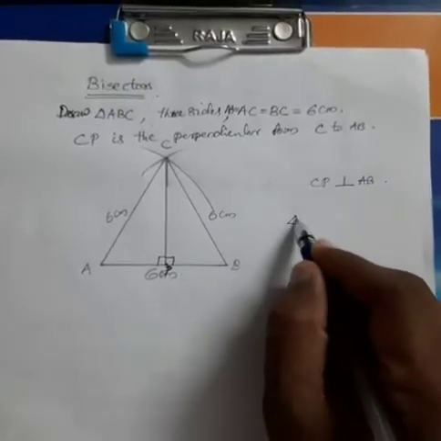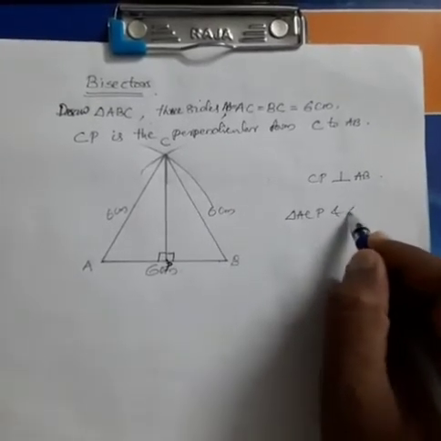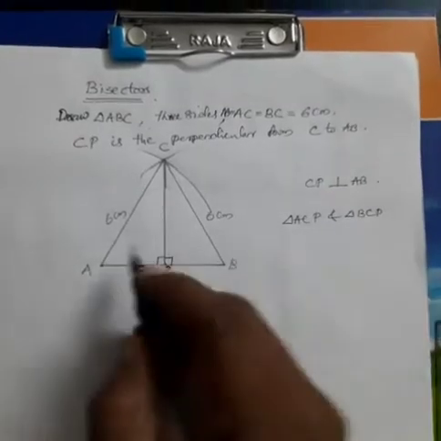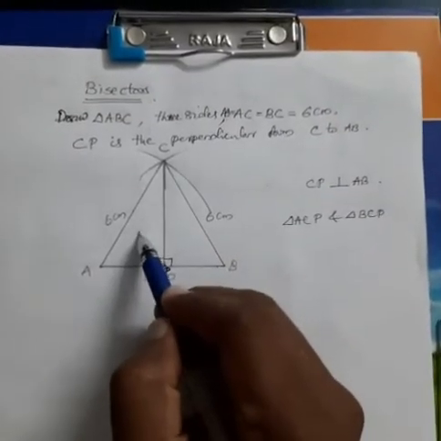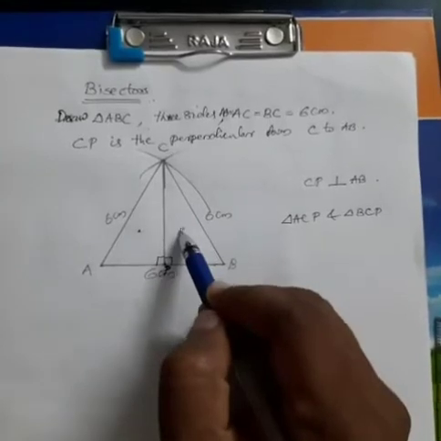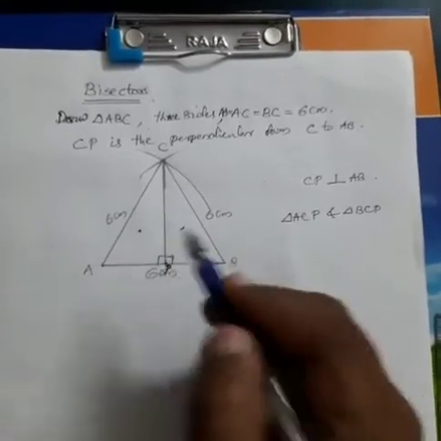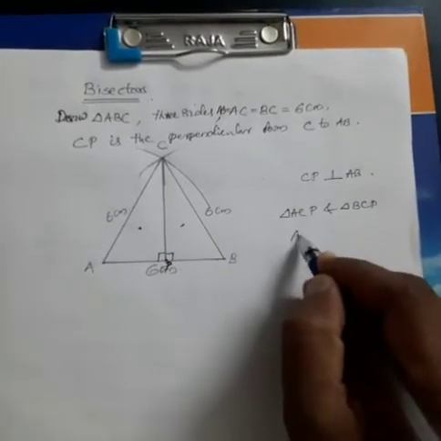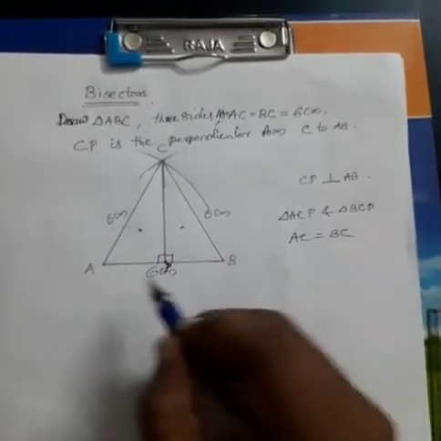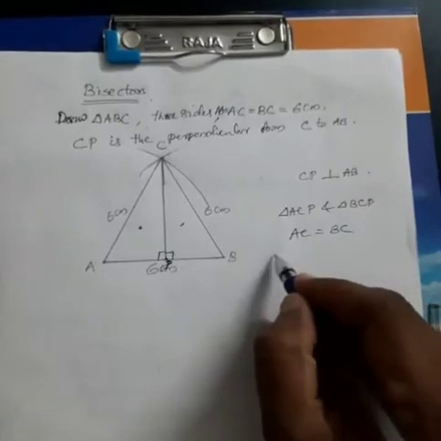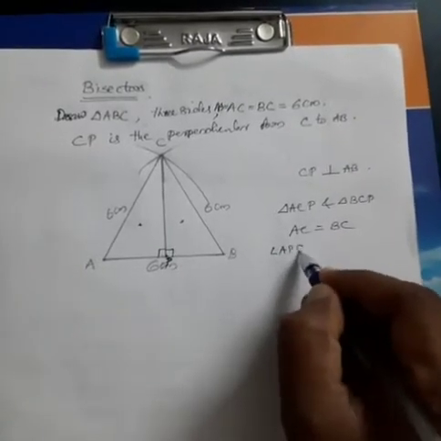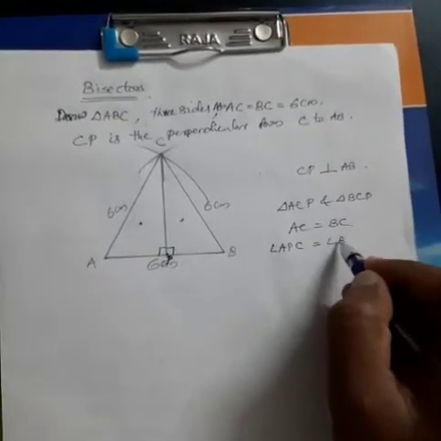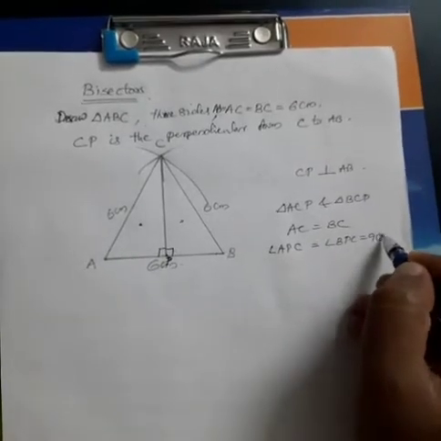From triangle ACP and triangle BCP, these two sides are equal. You can write AC is equal to BC. Then these two angles are equal. Angle APC equal to angle BPC equal to 90 degrees.